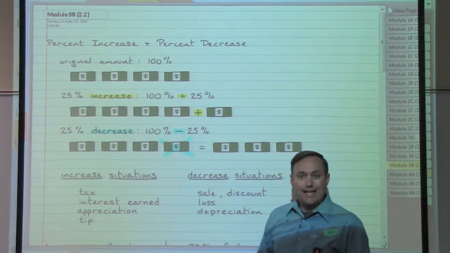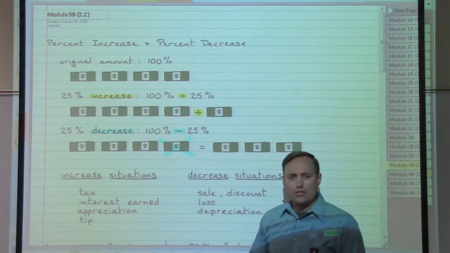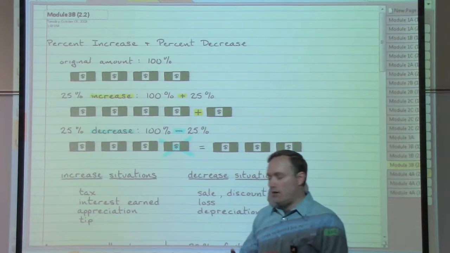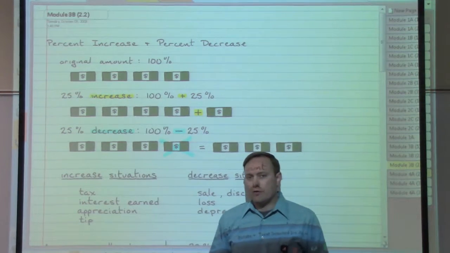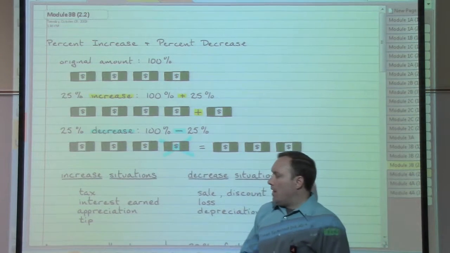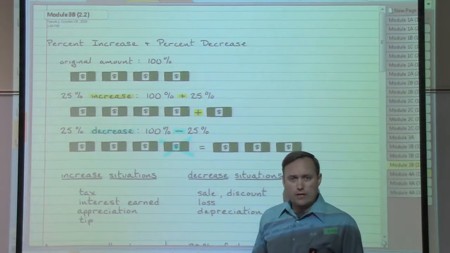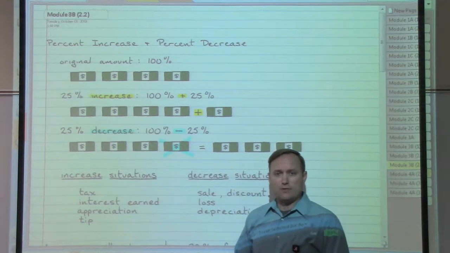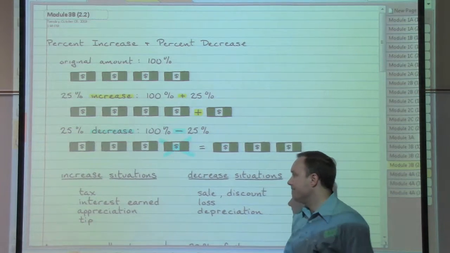Increase situations: tax, like income tax, sales tax; interest that you might have either applied to a bank account or a credit card account or your retirement account; appreciation, referring to something that goes up in value, like a classic car maybe; and tip, as in tip your server. When you go out to eat, it is customary to now tip 20% if it's good service, 25%. If it's bad service, you still give the person a tip, usually 15%.